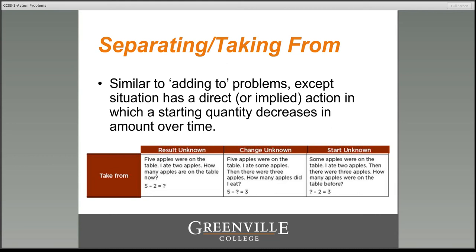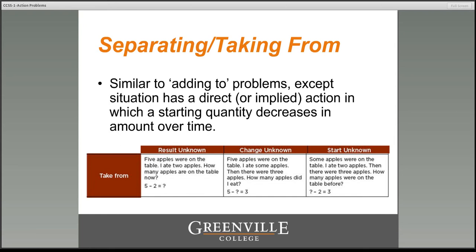If you look at the equation for the start unknown, the column on the right, you will notice that the situation equation, if we were to convert it into something that could give us a solution, would actually cause us to add the 2 and the 3. In other words, to find the original number or the whole group of apples, we would have to actually take the group that were eaten as well as the group remaining and rebuild that set to find the whole. So that's addition.